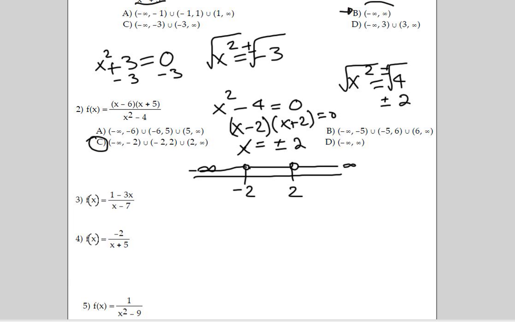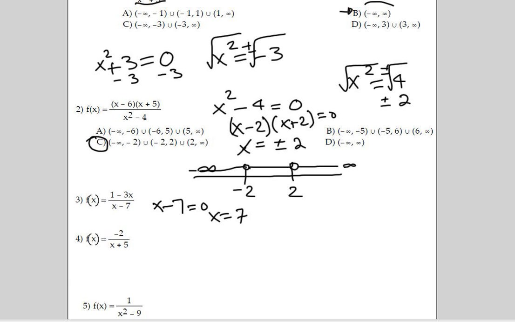Moving on to number 3, what will make this denominator 0? That's when x minus 7 is equal to 0. So that means when x is 7, this denominator is going to be 0. So that's what the domain cannot include. There are several ways you can say it.